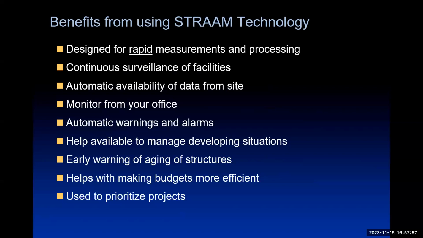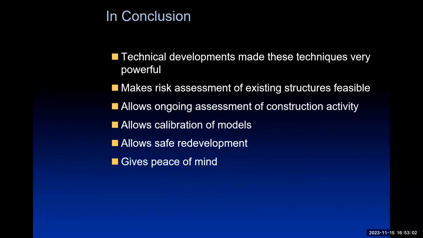I'm going to move over that quickly. So yeah, we can do rapid assessment of structures these days. We can do it in just a few hours. We can calibrate models. We allow safe redevelopment as well, and it gives peace of mind as to what's going on.